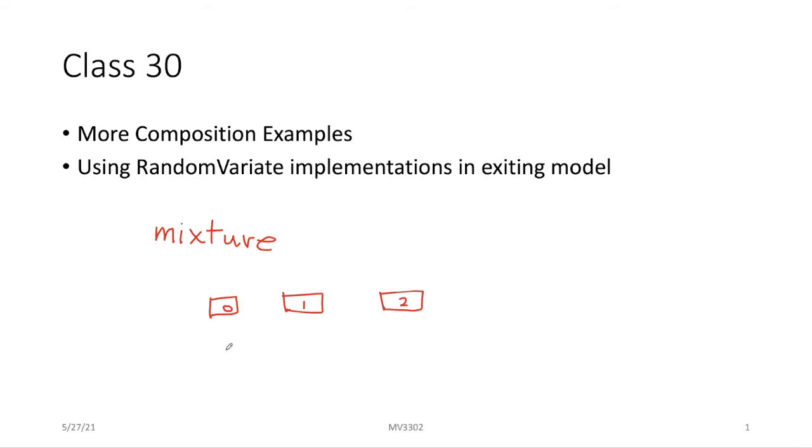And so the way that this approach works is that each time you do it, you choose one of these, or potentially a different box. So let's say there were three of these boxes. Each box contains some random variate generator.